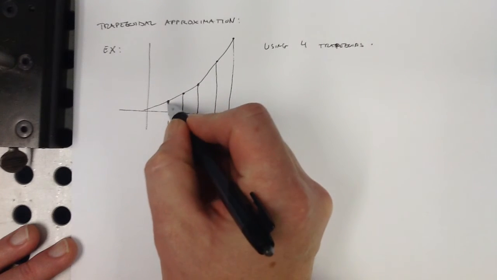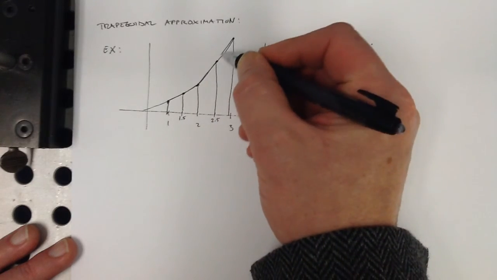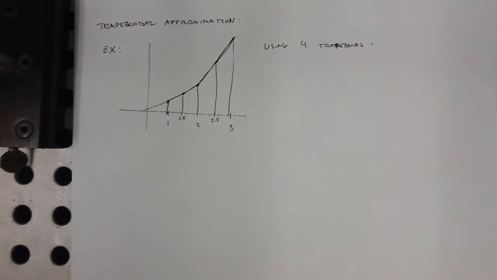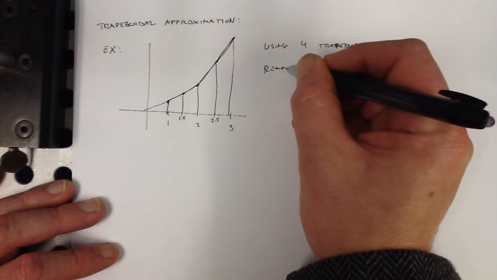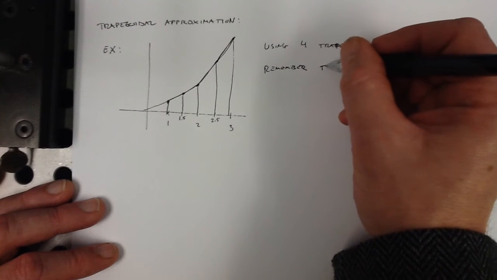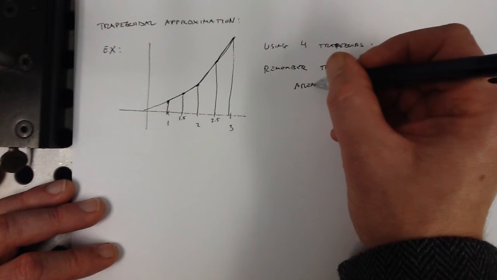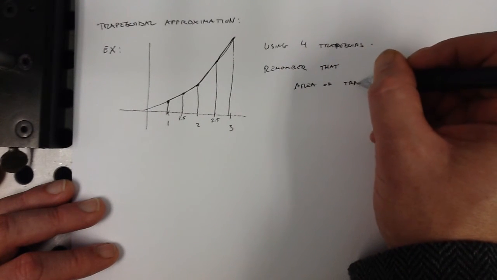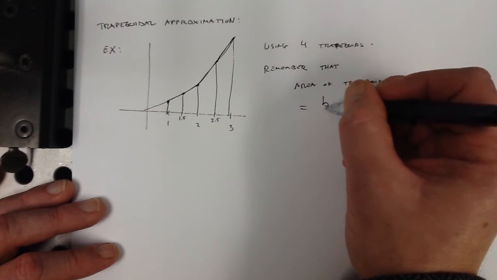So here, instead of making rectangles, we're just going to connect these two, right? Connect, connect, connect, connect. And if you're looking at that and thinking, oh, that's probably better than any of the other ones we've done, you'd be right. This tends to be the best of the options. So using 4 trapezoids, first you have to remember, we saw this in the first notes, that the area of a trapezoid is equal to the base of the trapezoid.